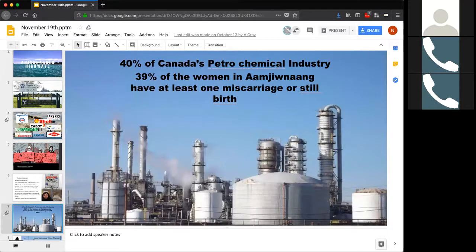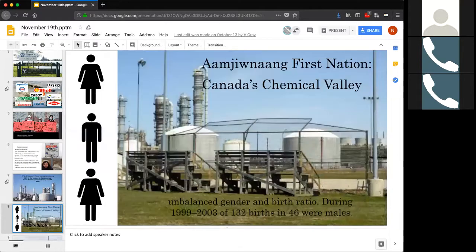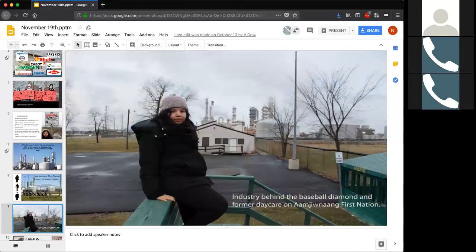This is 40% of Canada's petrochemical industry. 39% of the women have had at least one miscarriage or stillbirth. There's only about 800 of us living on the reserve, so those numbers are extreme. It's a very small community. We're very much outnumbered by all of these refineries.